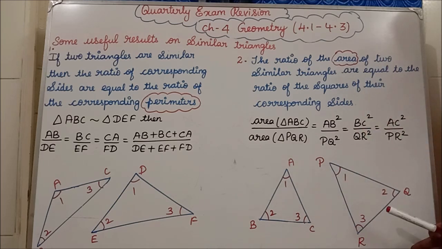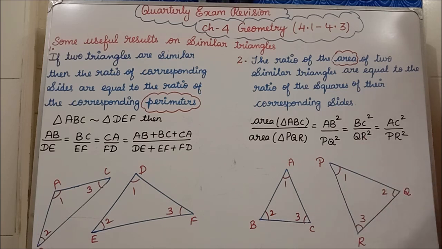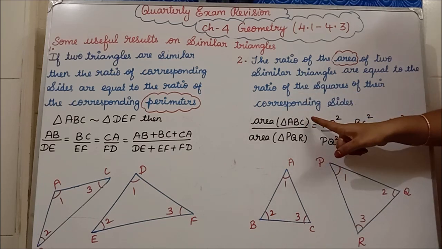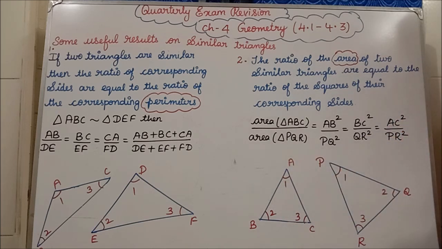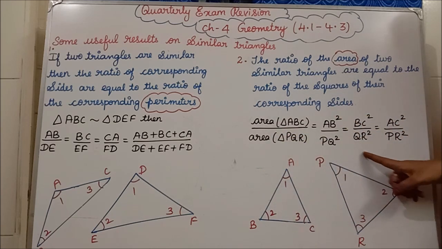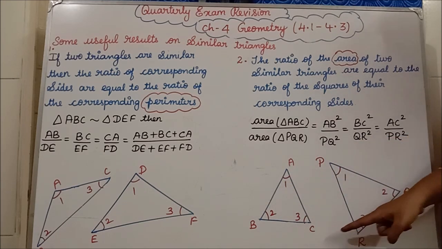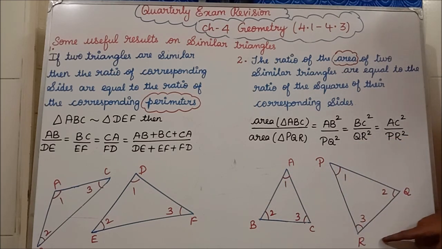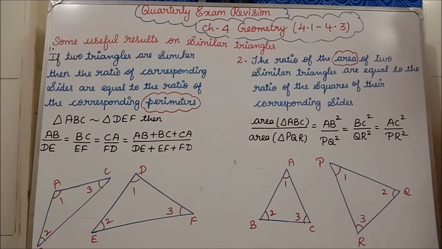The two triangles are similar. Then how can we write the areas? Area of triangle ABC over area of triangle PQR is equal to, for AB the corresponding side is PQ, so you have to write it in square: AB square divided by PQ square is equal to BC square divided by QR square, and then AC square divided by PR square.